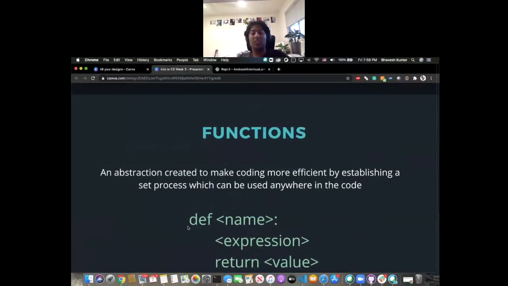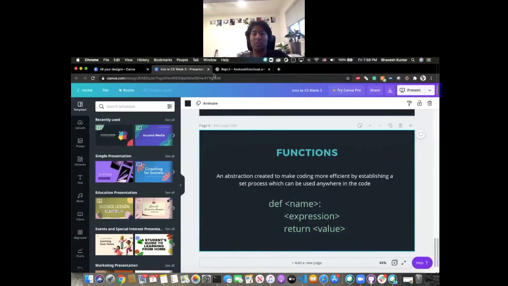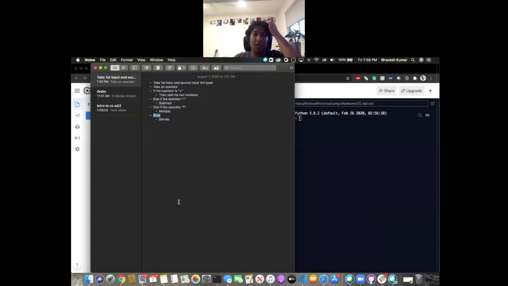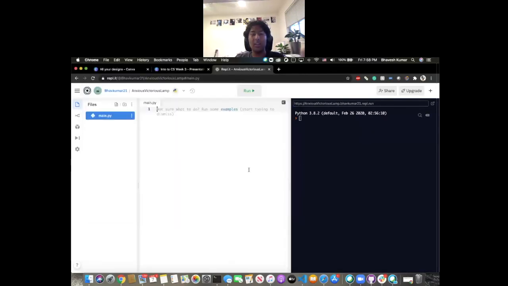Now let's start creating our actual calculator, shall we? So if we take a look back at what our pseudocode says, our pseudocode first asks us to take two inputs, the first number and the second number. In order to do that, we would first assign them to a variable.